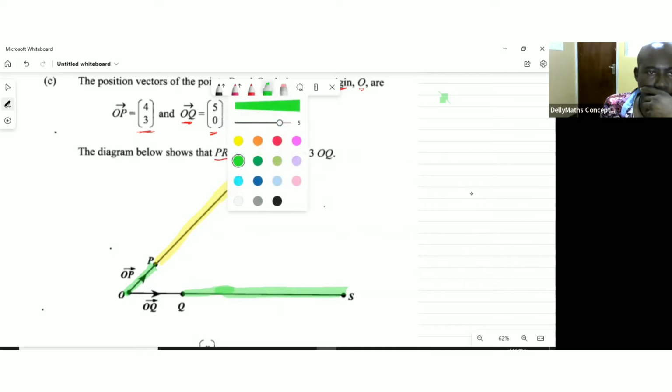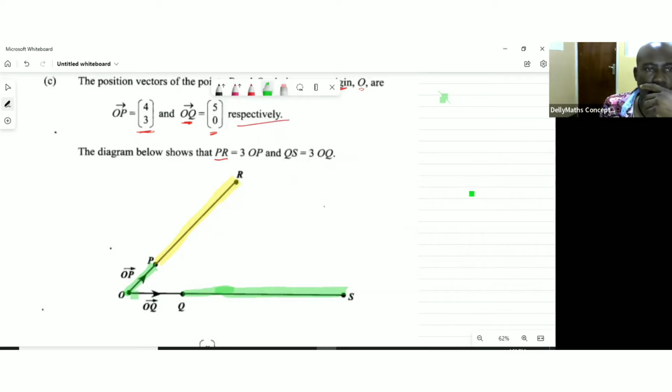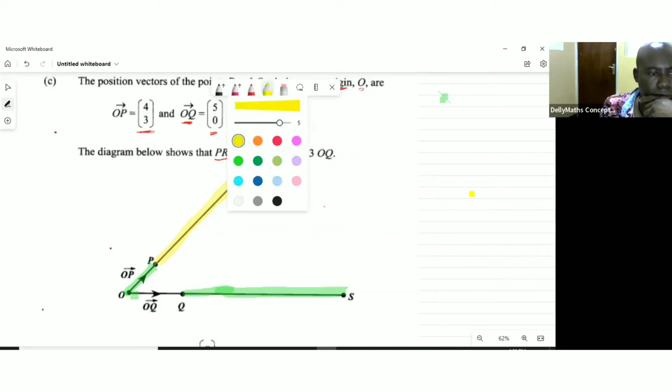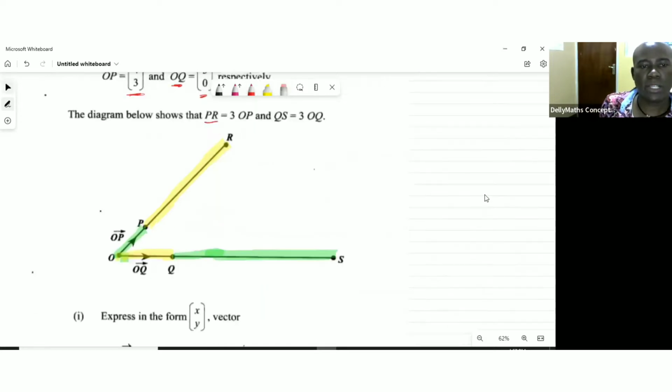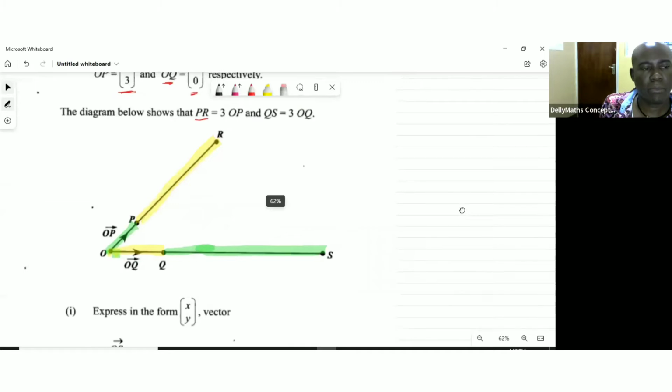Right. So it is 3 times OQ. Let's see what's going on for these vectors right now. So we got some information. We'll be using those momentarily.